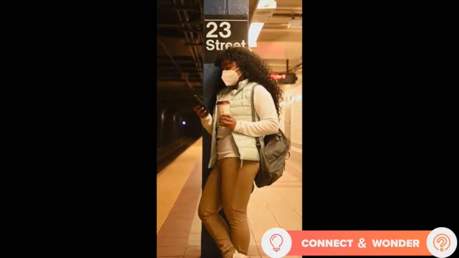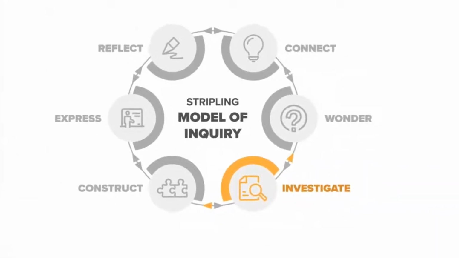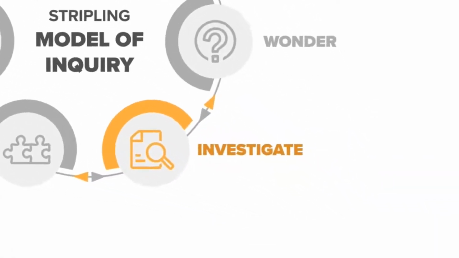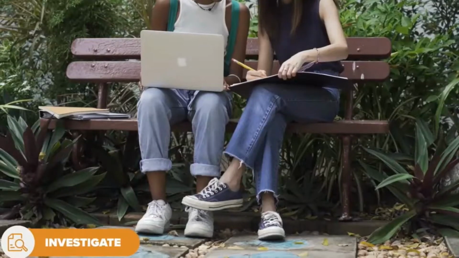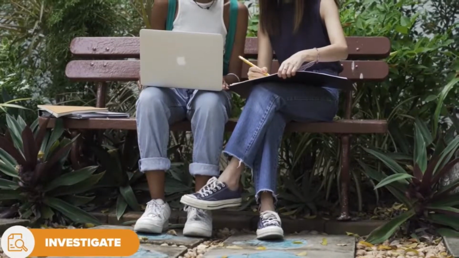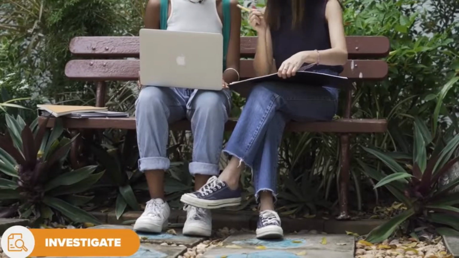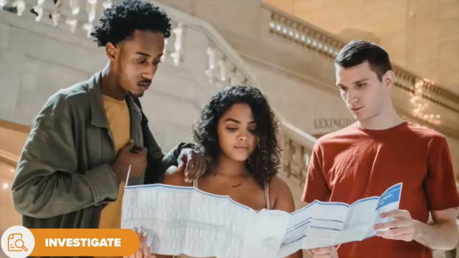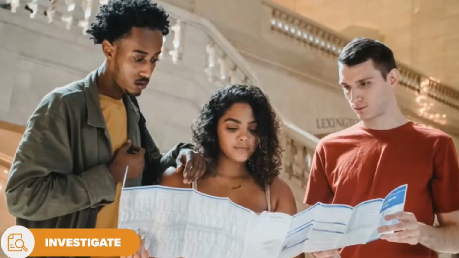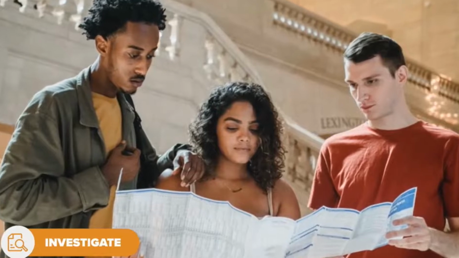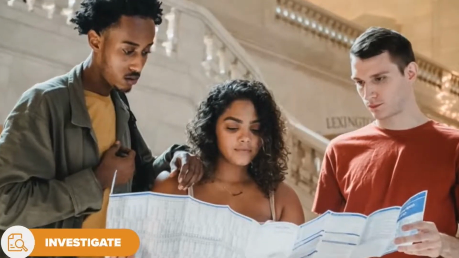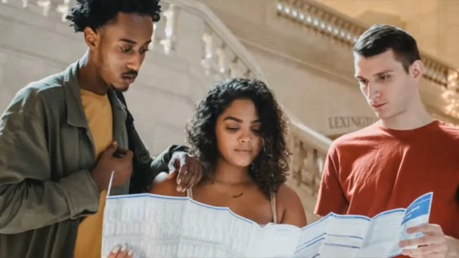The next step of our inquiry cycle is investigate, finding research to support or challenge our hypothesis. That may include researching existing studies, interviewing classmates, or studying subway maps to gain information on how the New York City subway may affect student attendance.